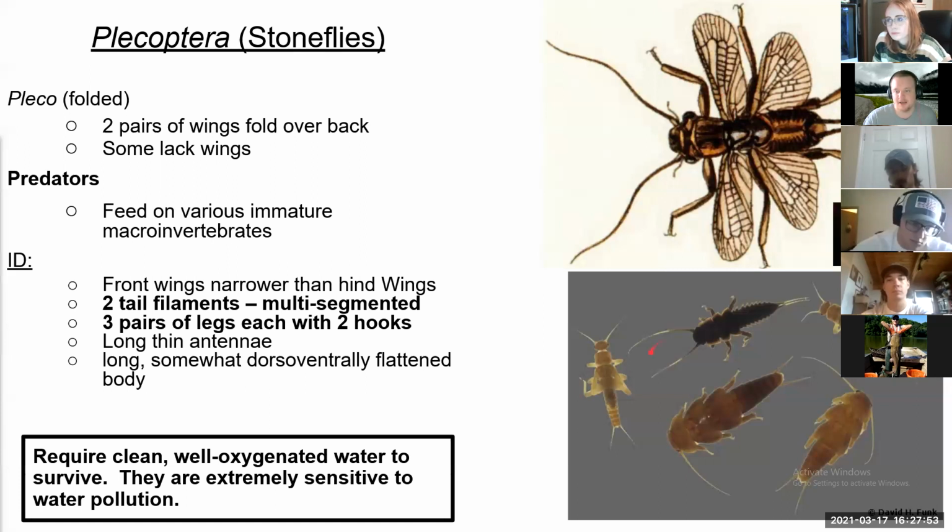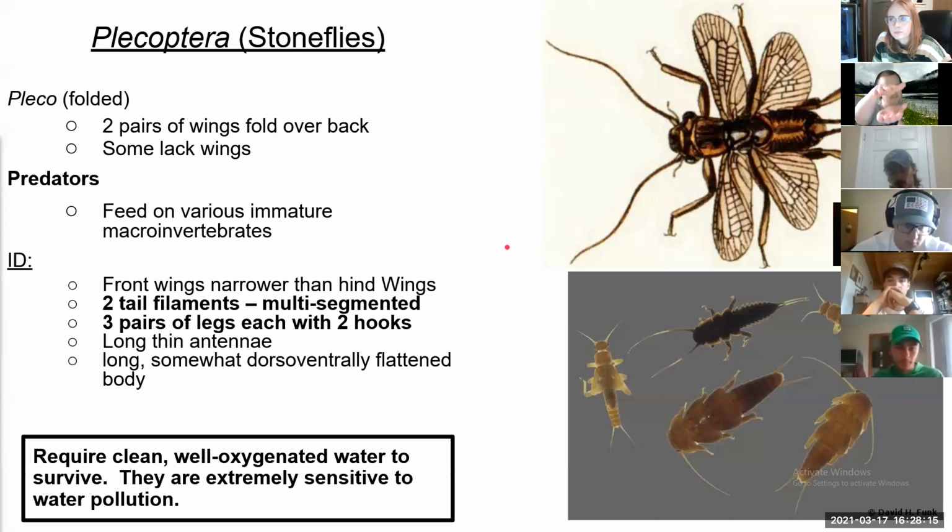You can see that a little better maybe in this picture. They have 3 pairs of legs, but these have 2 hooks on the leg instead of 1. They have these long antennae instead of the short bristly ones. And they are somewhat dorsoventrally flattened, so top to bottom.